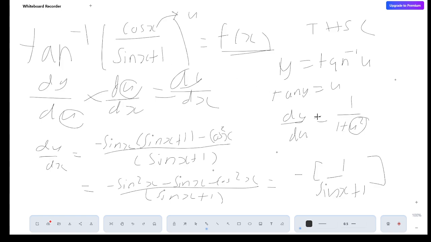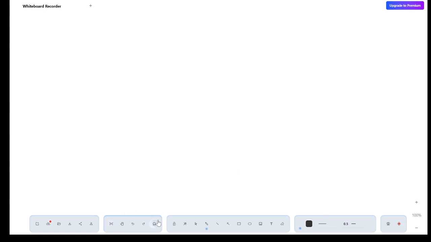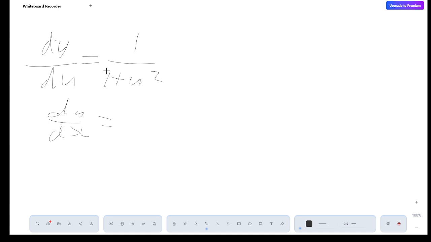So I am going to remove this now, but we will now calculate dy/dx. Just to recap, dy/du equals 1 over 1 plus u squared, and du/dx is negative 1 over sin x plus 1. Yep, I'm doing it correctly. And what was our substitution for u again? u equals cos x over sin x plus 1.